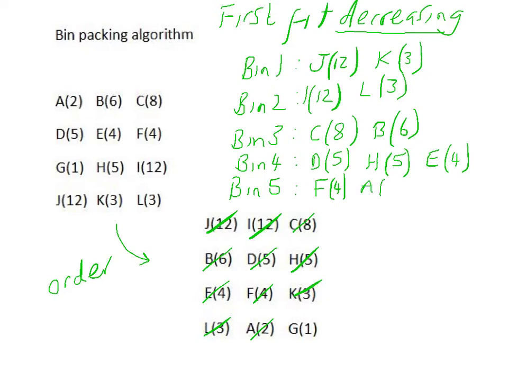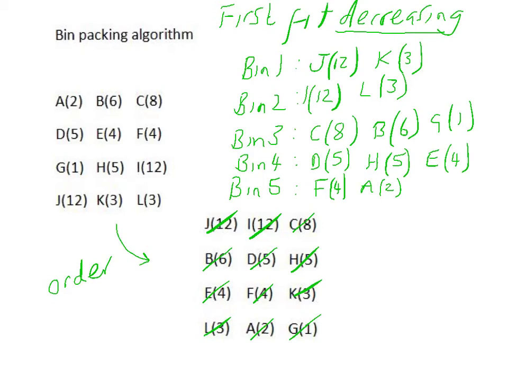It will have to go in bin 5. G, the final smallest object, is of only size 1, so it can now fit into bin 3, as bins 1 and 2 are already full. So G, our final item, can fit into bin 3.